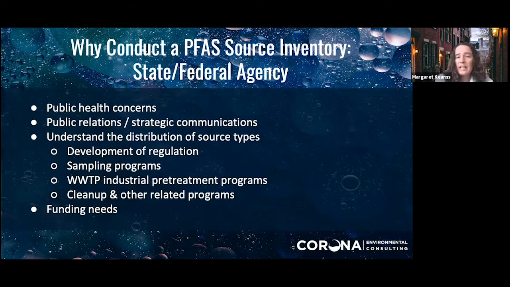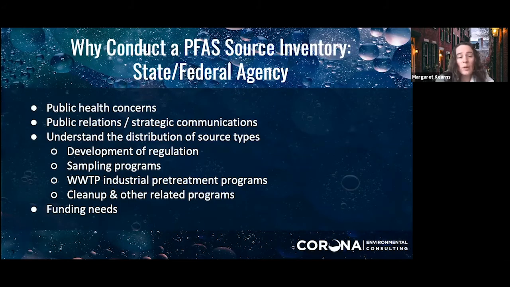So if you're a state or federal agency, you certainly share the drinking water community's concern for public health, and you have your own strategic communications issues around this subject matter area. But you really want to understand the distribution of source types for a little bit different reason. They may be trying to develop a particular regulation, trying to understand which industries or activities it might affect. You may be trying to design sampling programs to have a better understanding of the extent of problems across the state.